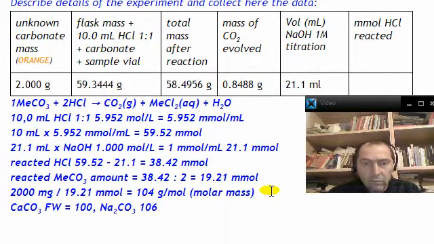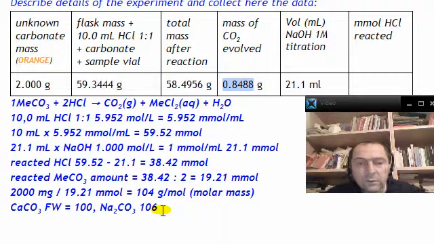So they have to match this experimental data from the mass of the CO2 to decide if the unknown carbonate is closer to calcium carbonate or to sodium carbonate, or to make some different investigation starting from the sample.